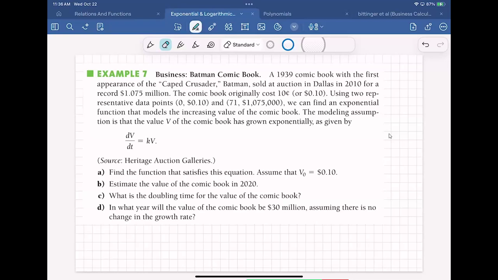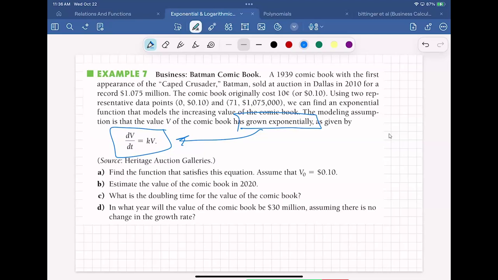Now, what you'll see here is they give us this model to remind us, okay? If it says this, we should be thinking this right away. If it says it has grown exponentially, I should be thinking dV/dt equals kV. All right. Now, whenever it asks us to find the function, as we see here in part A, once it says it's growing exponentially, we're thinking that V equals Ce^(kt).